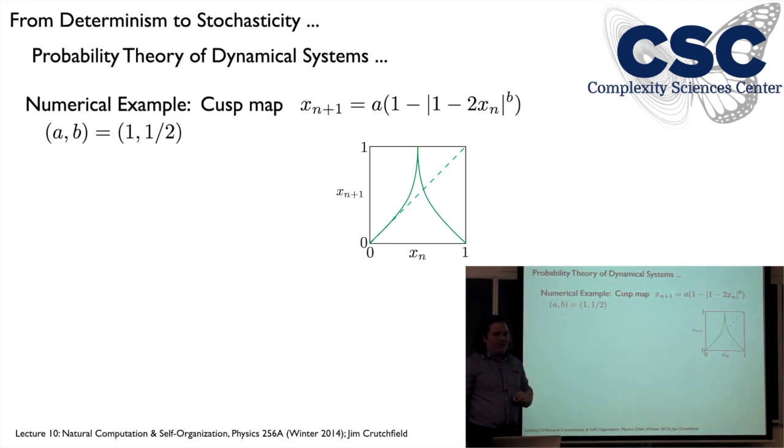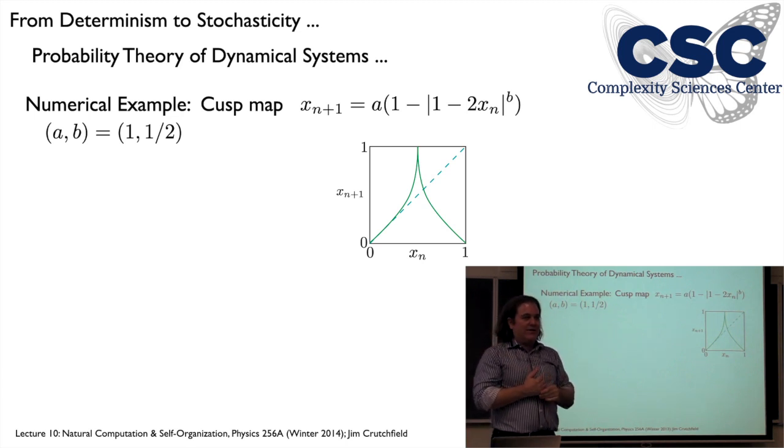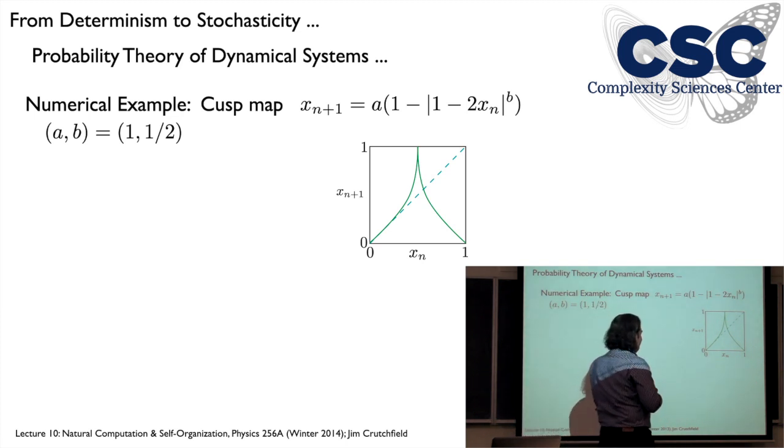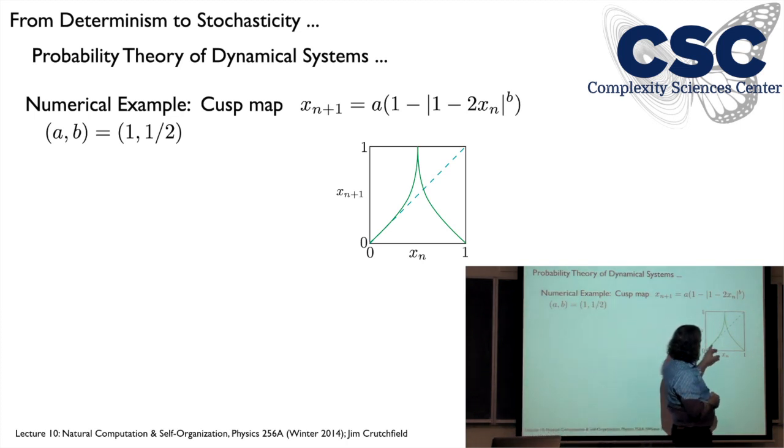So now the question is, what's this invariant density going to look like? The way I've drawn this, the slope is always greater than 1.